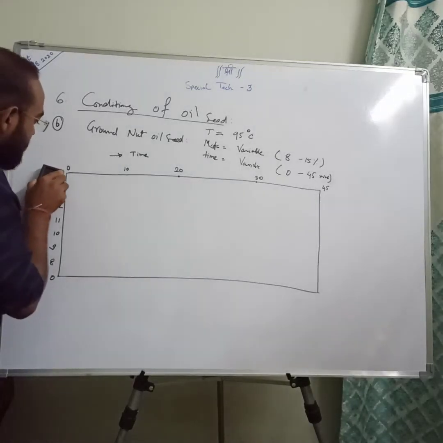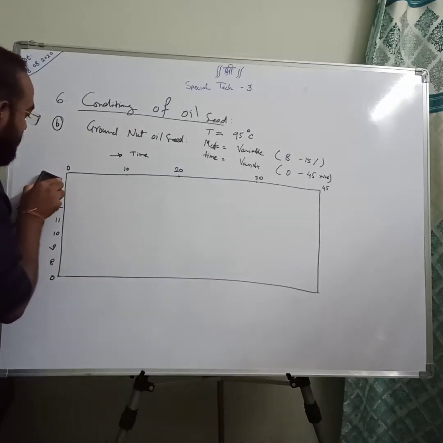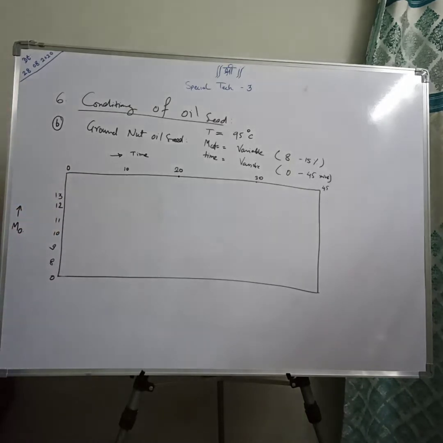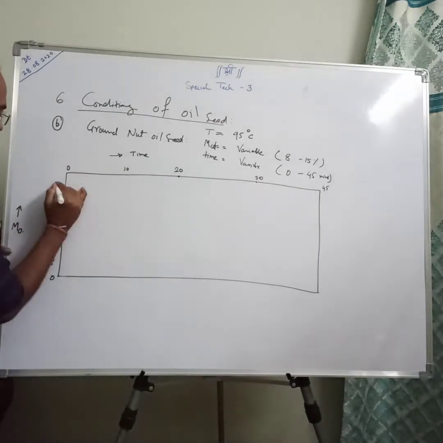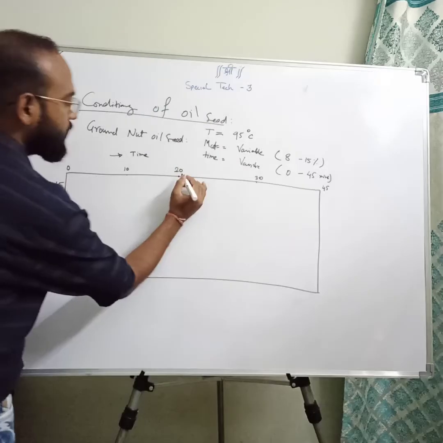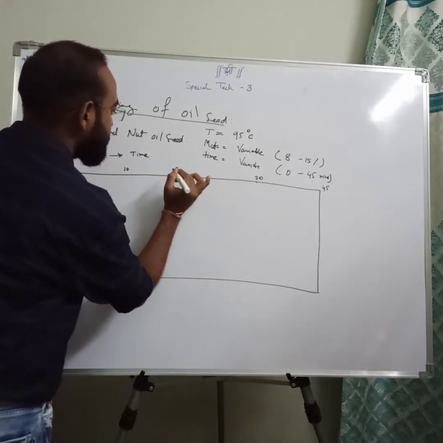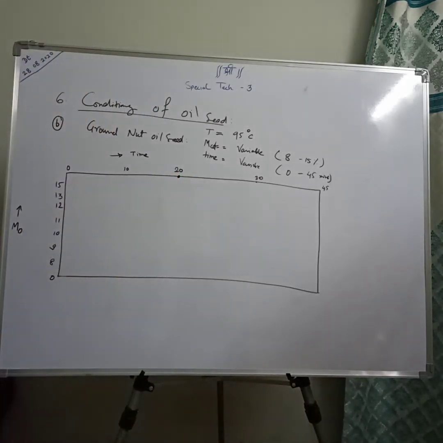Just assume it. This is the 15, because this point will collapse. The 15 comes here.